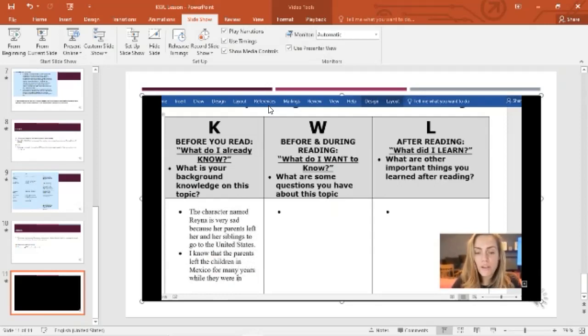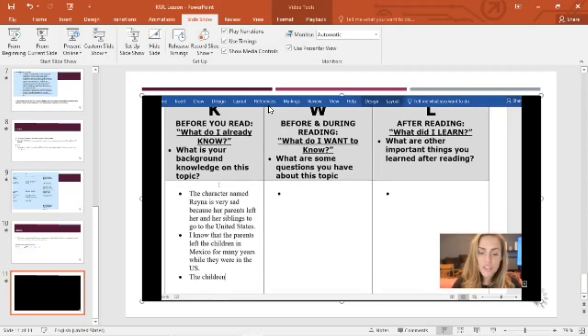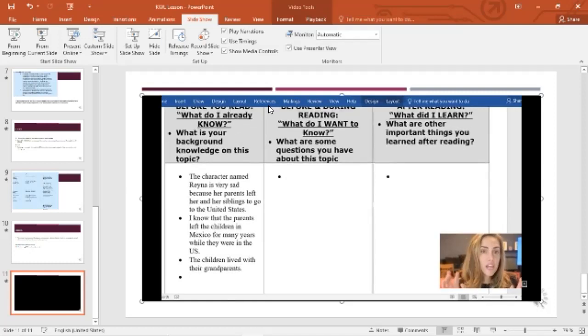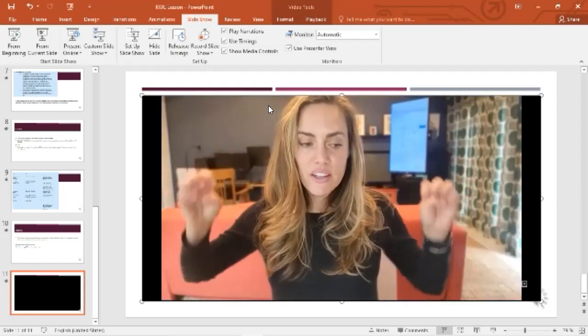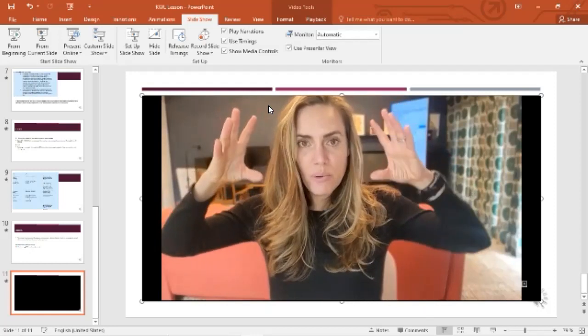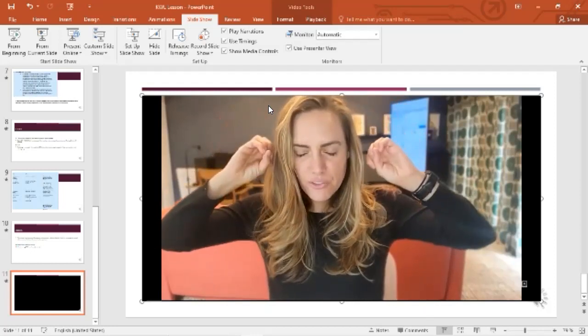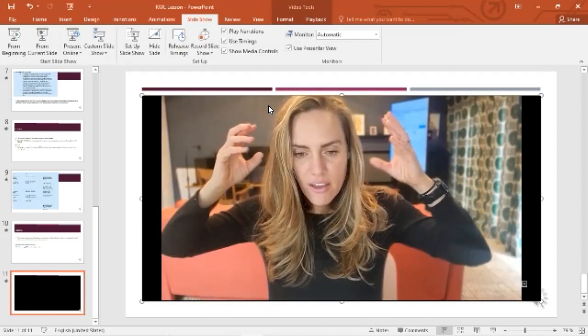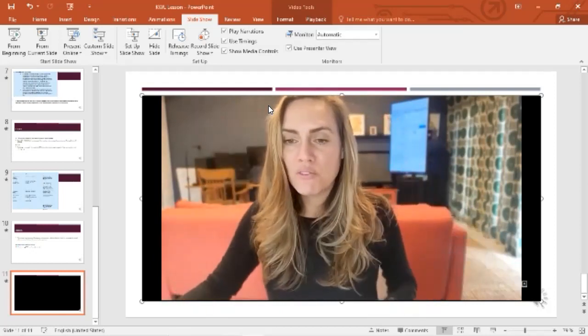While they were in the U.S., the children lived with their grandparents, okay? And it doesn't have to only be about the story. It could be anything you know about this topic. The point is just to activate your prior knowledge about the topic, just to get you focused and thinking on this topic, okay? Now, let's move to the next column.